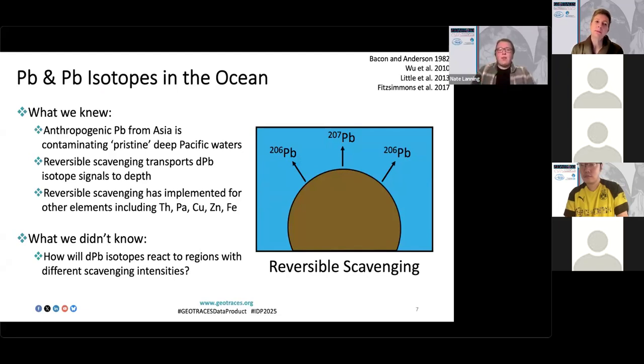This is work done by Jingfeng Wu. We know that reversible scavenging is not just happening for lead, it's implicated for other elements such as thorium, protactinium, copper, zinc, and iron. But what we didn't know was how dissolved lead isotopes will react to regions with different scavenging intensities. And what better place than the GP15 transect to try to answer this question?